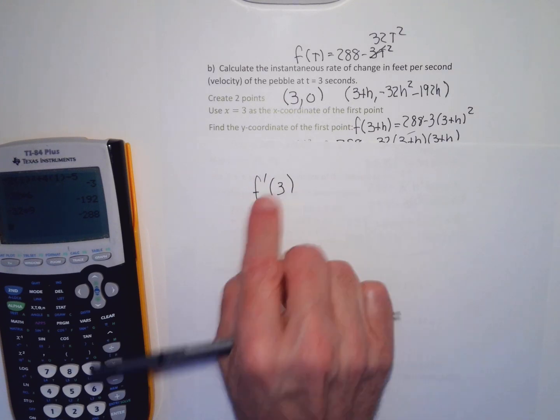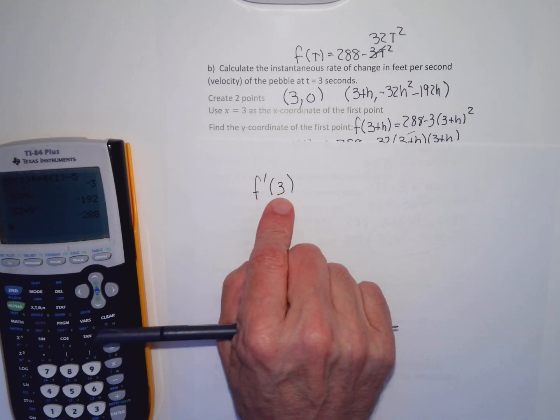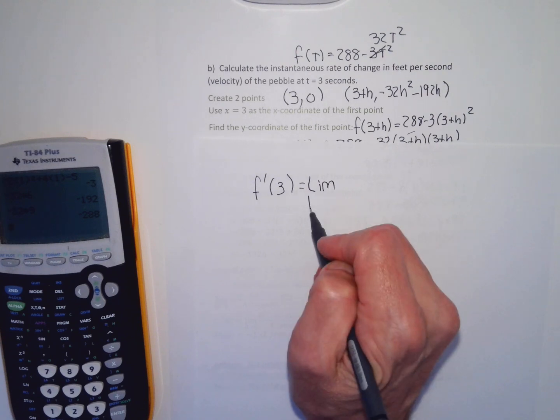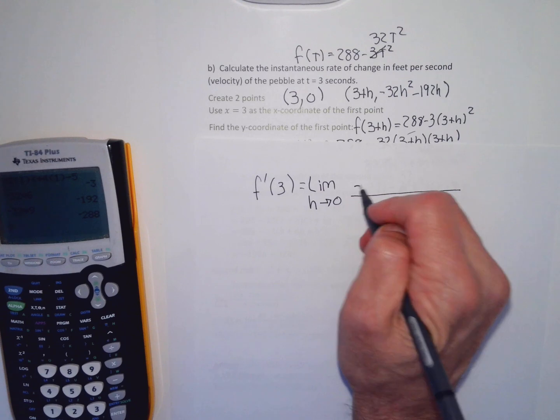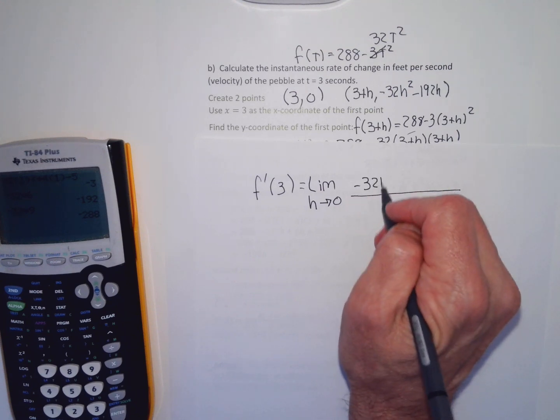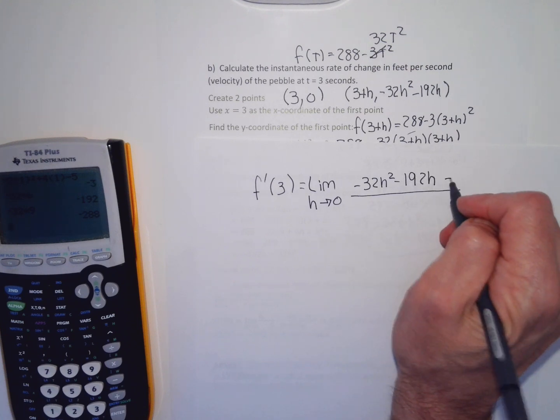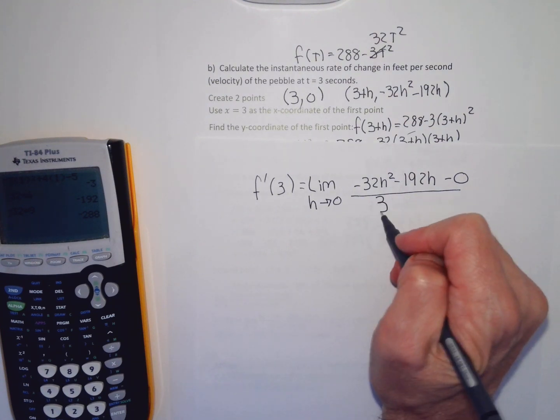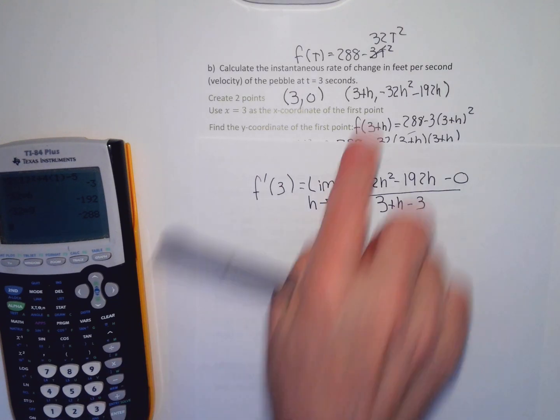Because I'm using the f function, I'm going to write f prime, which is the instantaneous rate of change when x equals 3, or the value of the derivative when x equals 3, is the limit as h approaches 0 of y2 minus y1. y2 is negative 32h squared minus 192h, minus y1, which is 0. In the denominator, it's enough just to put h, but I can do x2, which is 3 plus h, minus x1, which is 3, subtracting the x's.